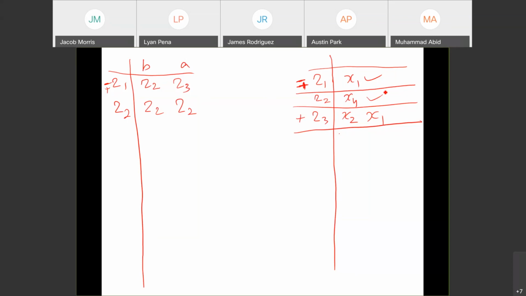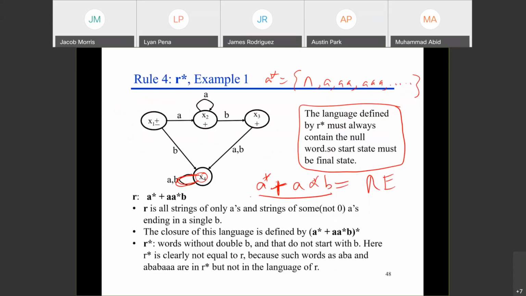And now we check z3 for b and a. When you are at x2 and you receive b as input, you will go to x3.